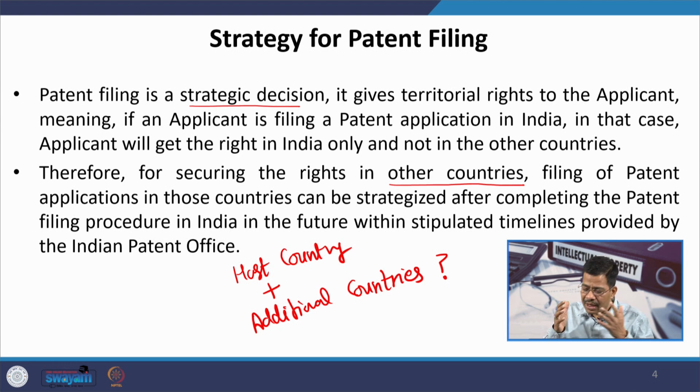Whether we have a market in the US or not, despite that, it is all an aspirational thing. When I say aspirational, we are diluting the strategic aspect of patent filing. We need to think more rationally, not emotionally, about the selection of countries.